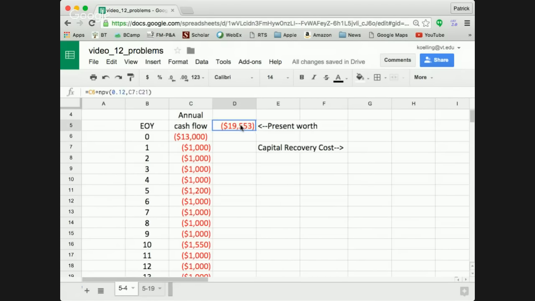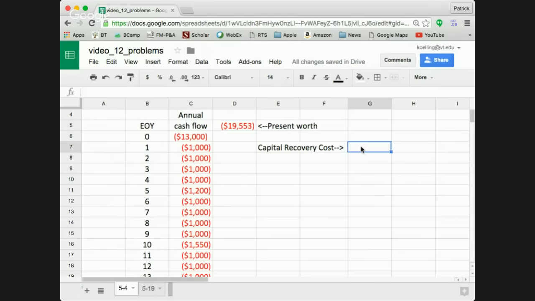The net present worth of all those cash flows is negative $19,500. So that's the number that we would use if we were going to make a decision about whether or not this was a good investment. Again, this is a cost alternative, not an investment alternative. So all that is for us right now is information.